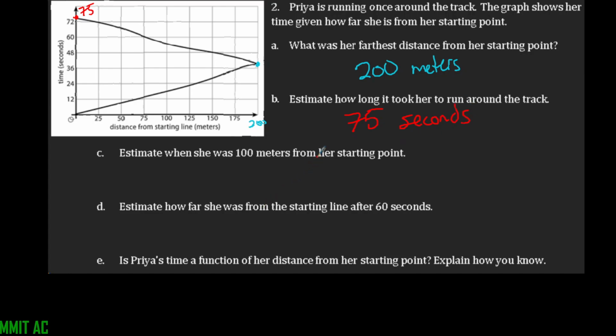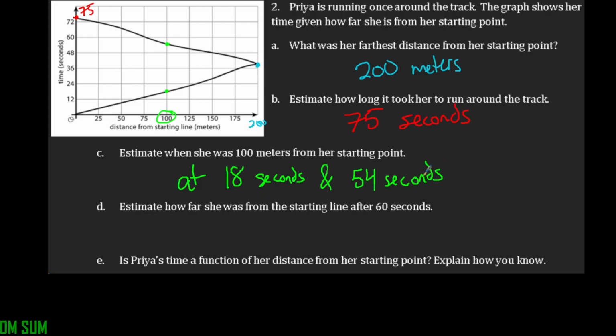That says to estimate when she was 100 meters from the starting point. So we can find on our graph where 100 is, and I can say, well, I have one point here and another point here. So approximately, we can say at about 18 seconds, and 54 seconds.